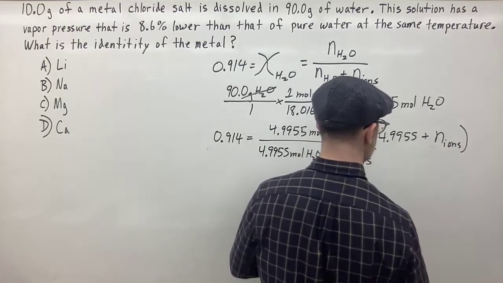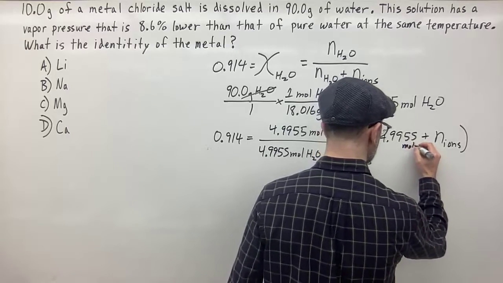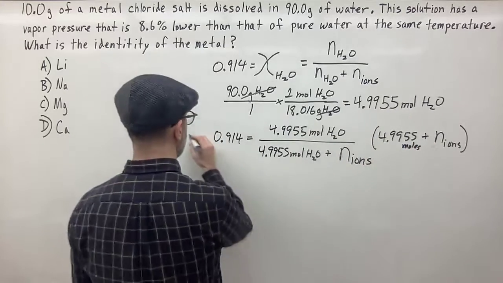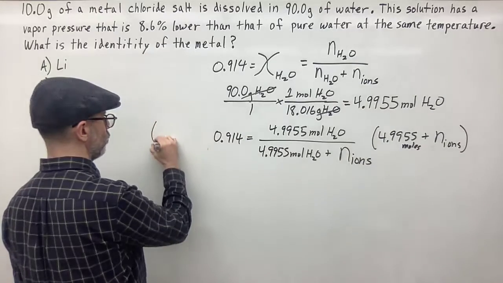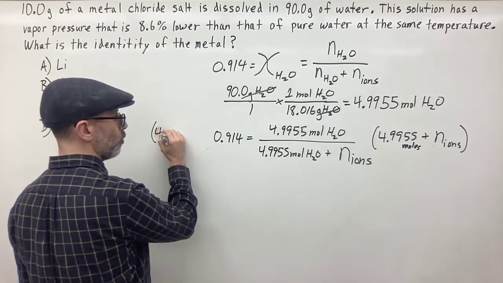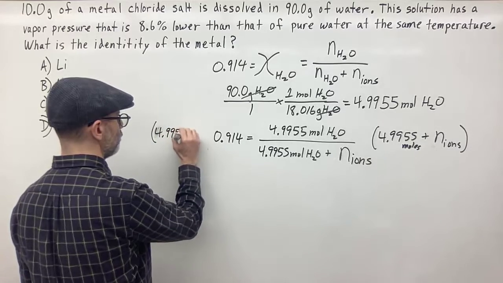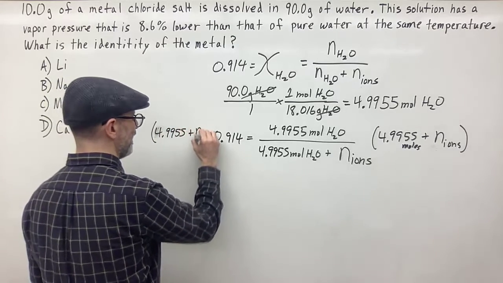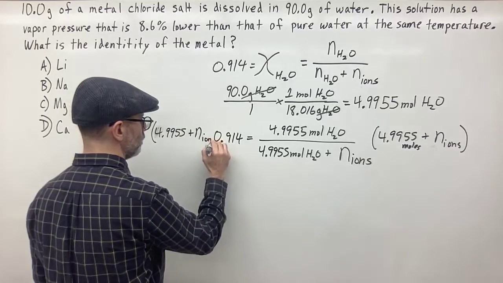We'll just say moles. And then we're going to have to multiply this side by the same thing, 4.9955 plus N of the ions, moles of the ions.